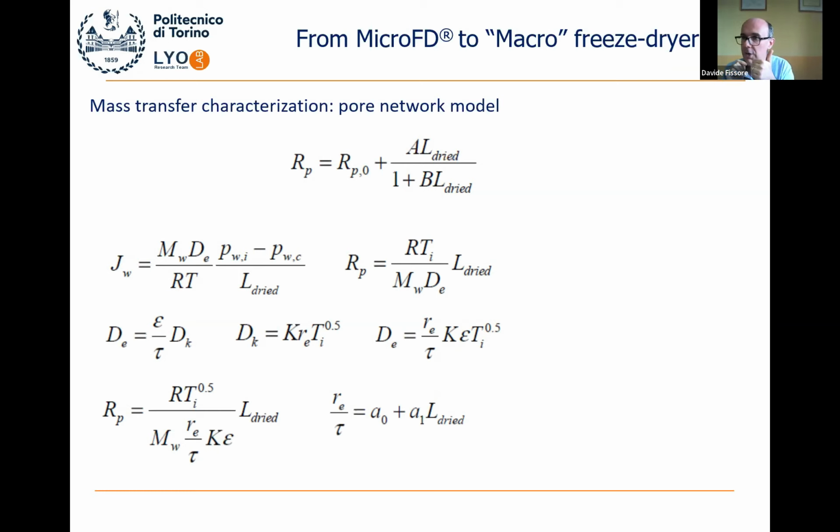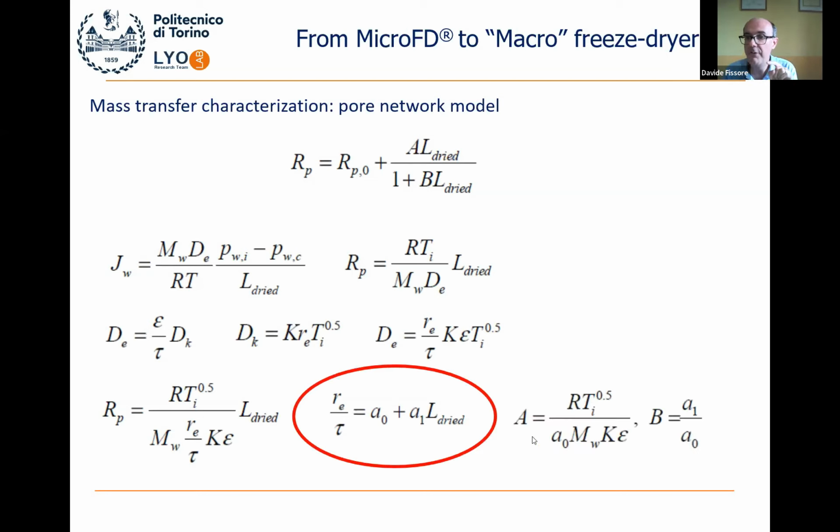At first, I get RP versus L dried. Then, once I have the curve, by means of best fit, I get A and B. Then from A, I may calculate A0, and from B, I get A1.